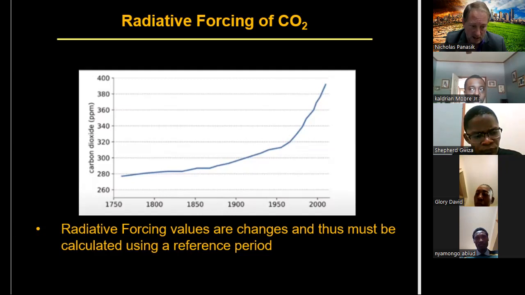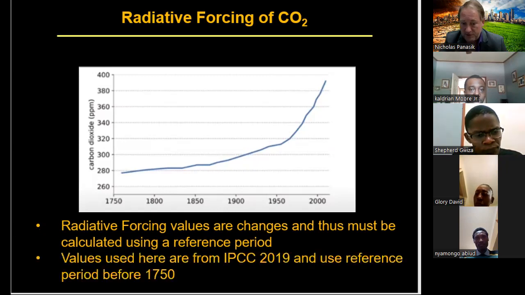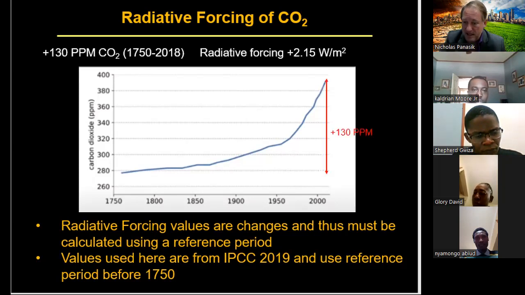And so these values are going to be based on the IPCC of 2019 and use a reference period around 1750, a little bit before, okay? And so what they've determined in all their papers is that the amount of change that we've seen in CO2 has been about 130 parts per million.